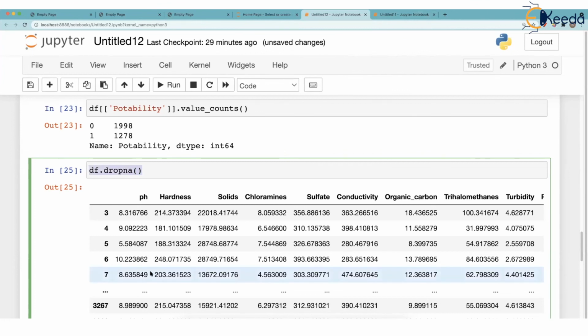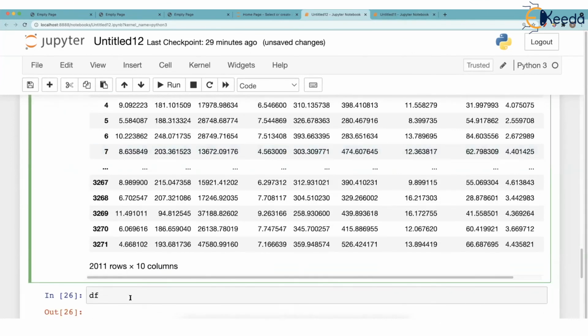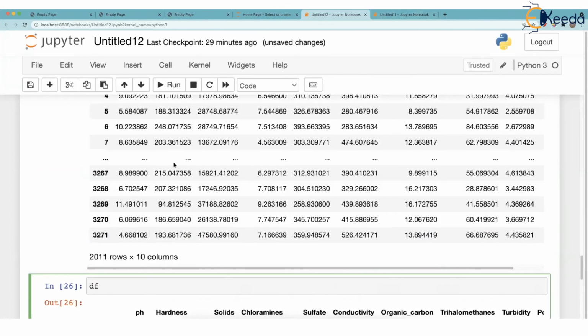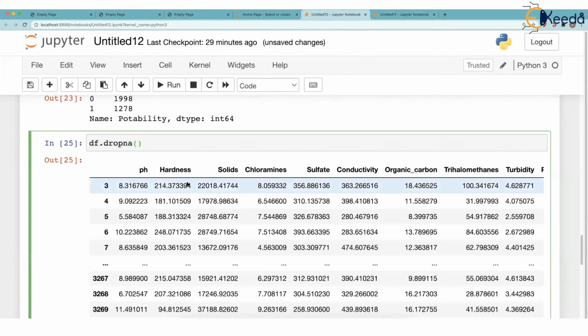That is why the change was temporary. Next time when I printed df, it showed me all the rows as if nothing had happened. So this change was not permanent, it was temporary. What was missing here? inplace equal to True. Otherwise the change won't be permanent. So drop the rows where NaNs are there and make that change permanent, so the change is in df.